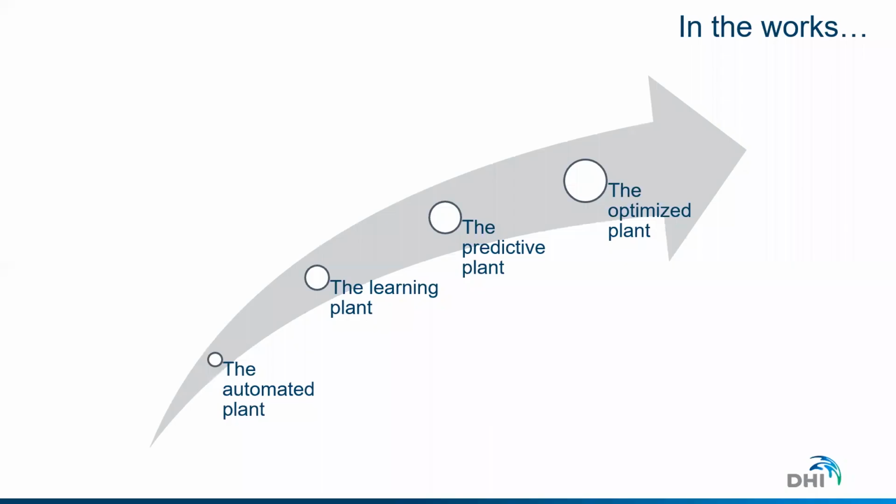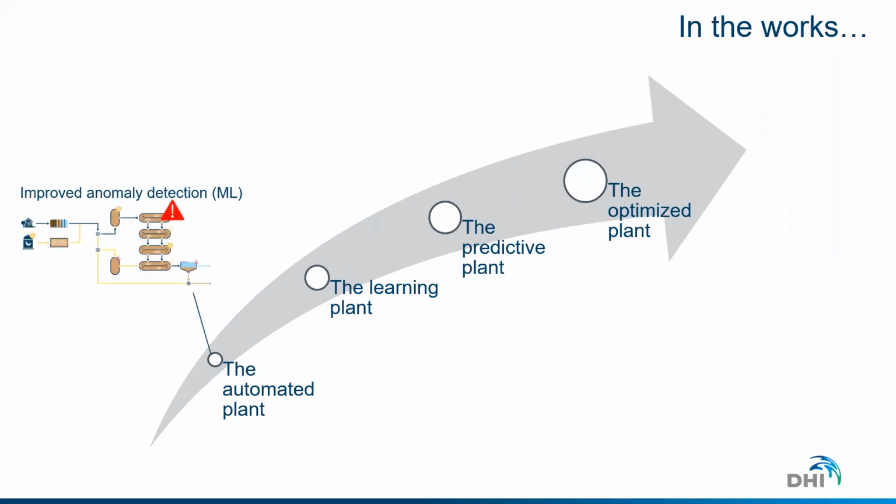In the works, I would say compared to Future City Flow, Twin Plant is still a little bit less mature. We are still working on a number of things that will turn it into a mature solution. Some of the things we are doing here is working with anomaly detection using machine learning.